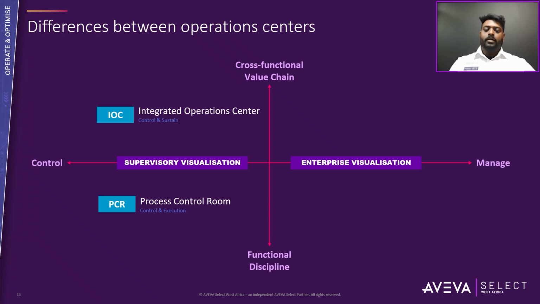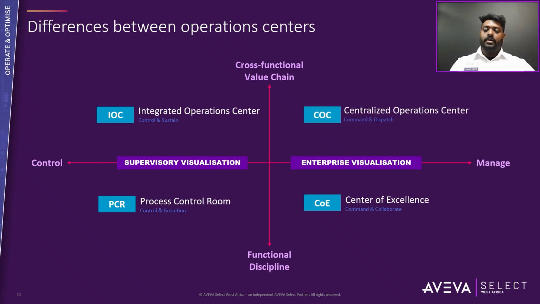Now to the right-hand side, we move to the enterprise visualization, where we look at more management. At the bottom right, we have the Center of Excellence, used to solve specific complex problems that can be applied across the business by consolidating experts. Examples include APM, rotating equipment, ESG compliance, and process optimization.